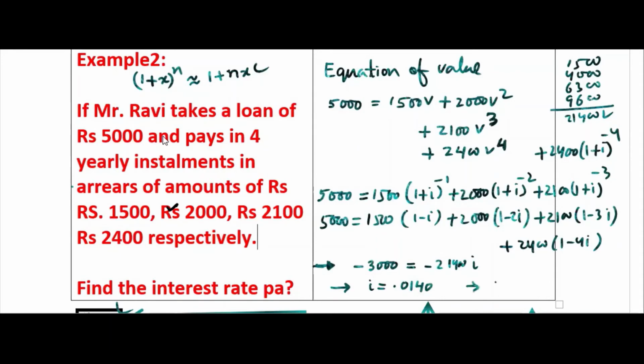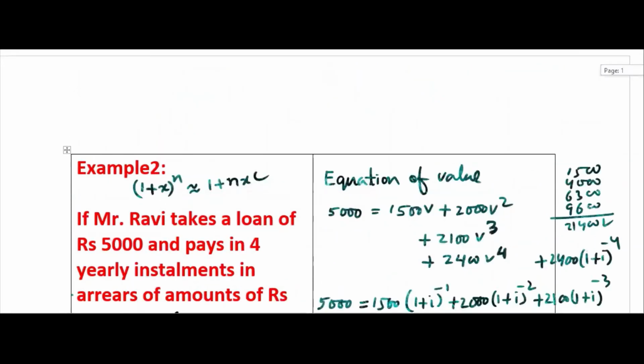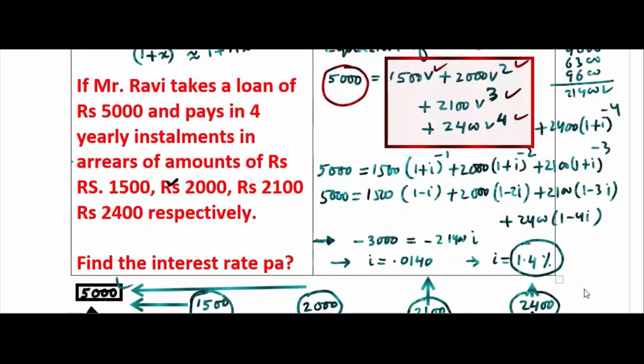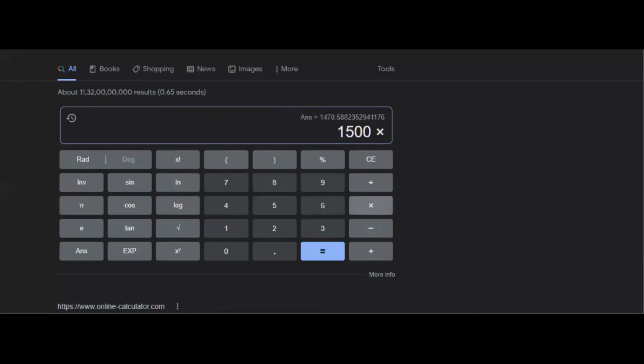Okay, this is roughly i, but I have to use interpolation, so I can try with 1% or 2%. Okay, so let's try at 1% and 2%. 30 divided by 214 I have to find. It's coming around 14%.